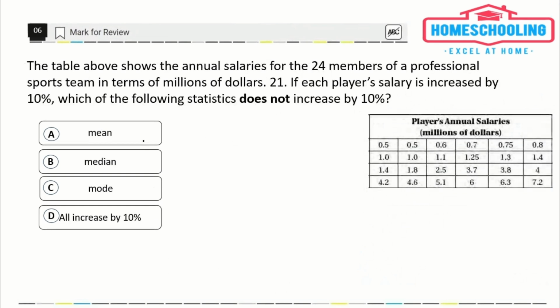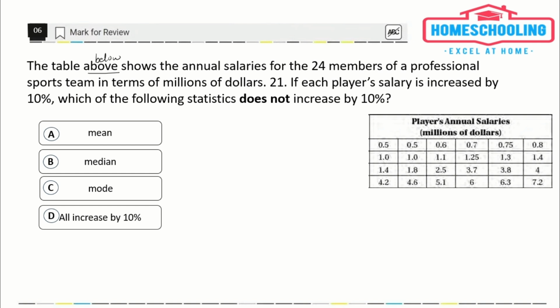The question number 6, it says that the table is not above, it should be below. The table below shows the annual salary for 24 members of a professional sports team in terms of millions of dollars. So we have 24 players, professional players, and these are the salaries of those 24 players.